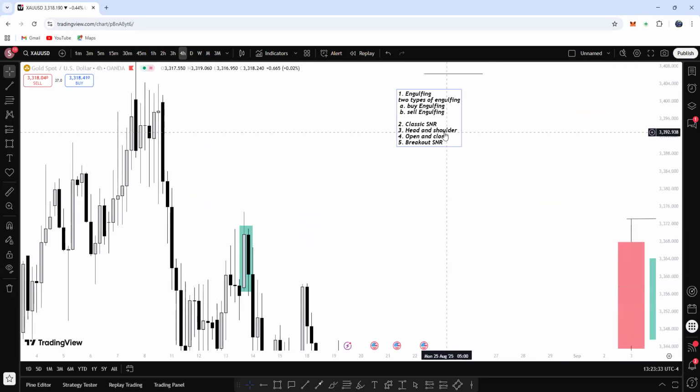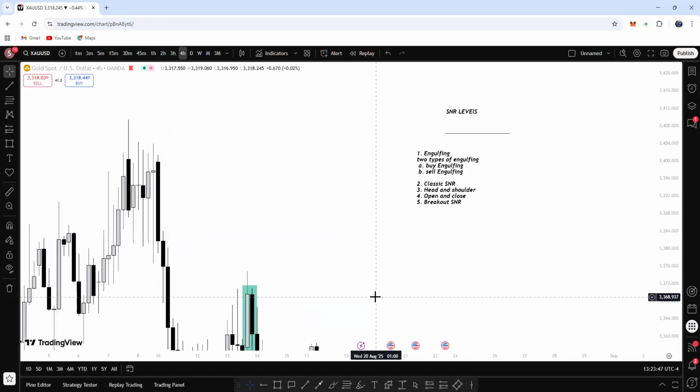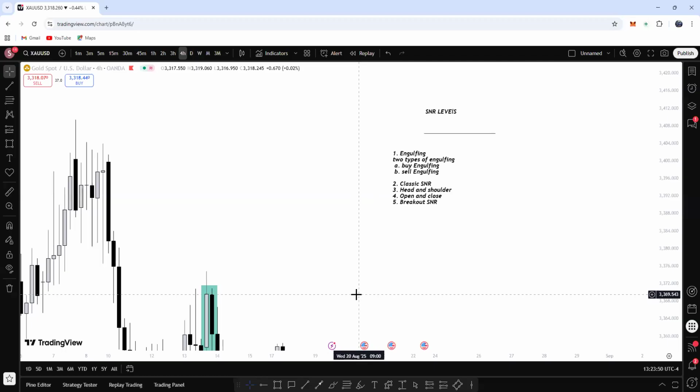What we mean by classic SNR? We mean the extreme end of a level, the last level of a support or a resistance. Because whenever price wants to move, most times they look for the cheapest price to buy from.